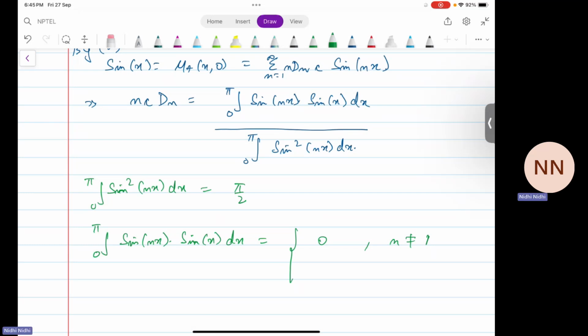So it will be the integration 0 to pi sine square x. That will be just pi by 2.